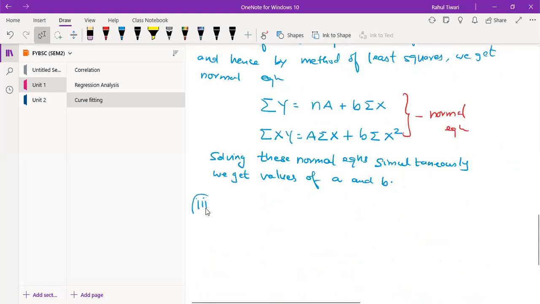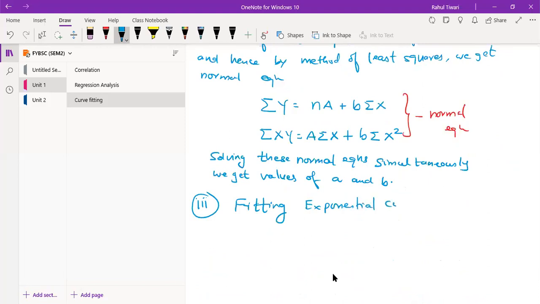The third model is basically fitting of an exponential curve. What is the exponential curve? y is equal to a b raised to x.